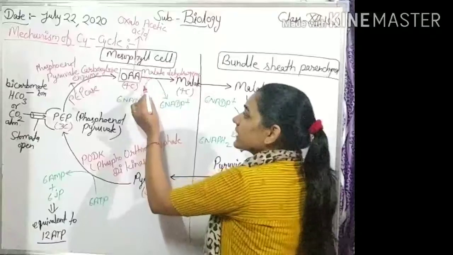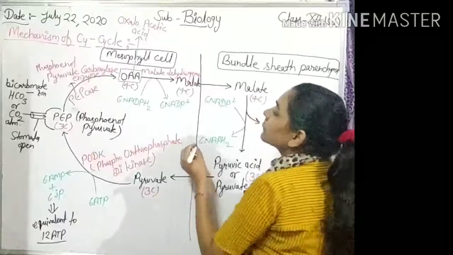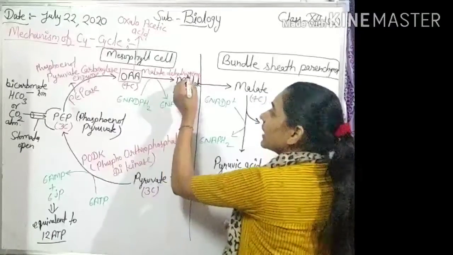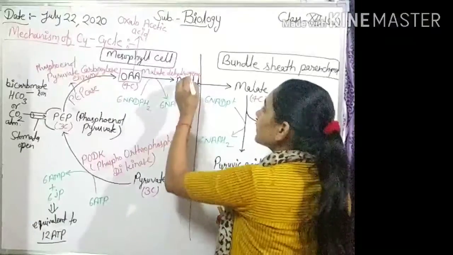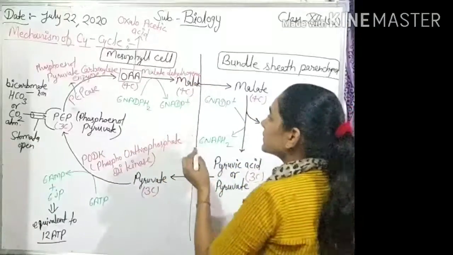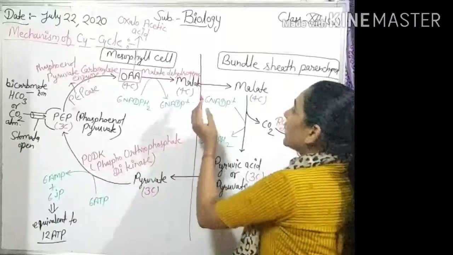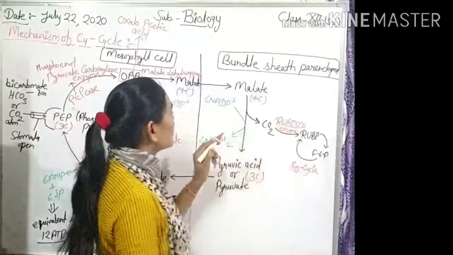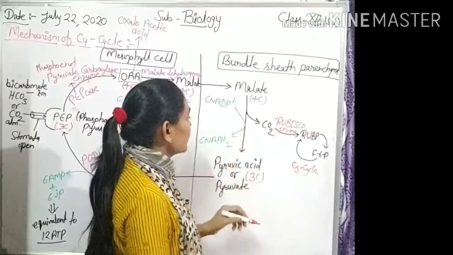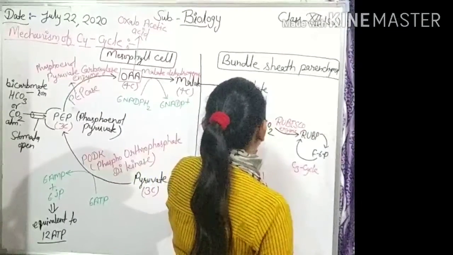Next, oxaloacetic acid is reduced to malate by NADPH2 in the presence of malate dehydrogenase enzyme. Then 6 NADPH2 convert into 6 NADP plus. From mesophyll cells, malate or malic acid passes to bundle sheath cells, and there the decarboxylation process takes place.